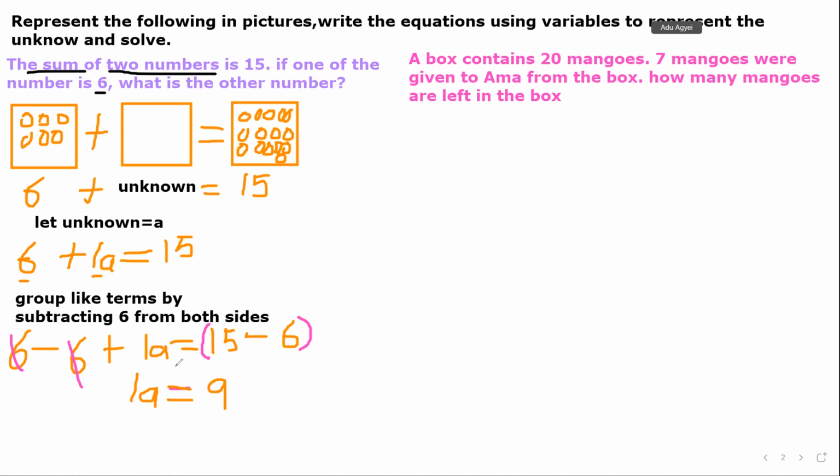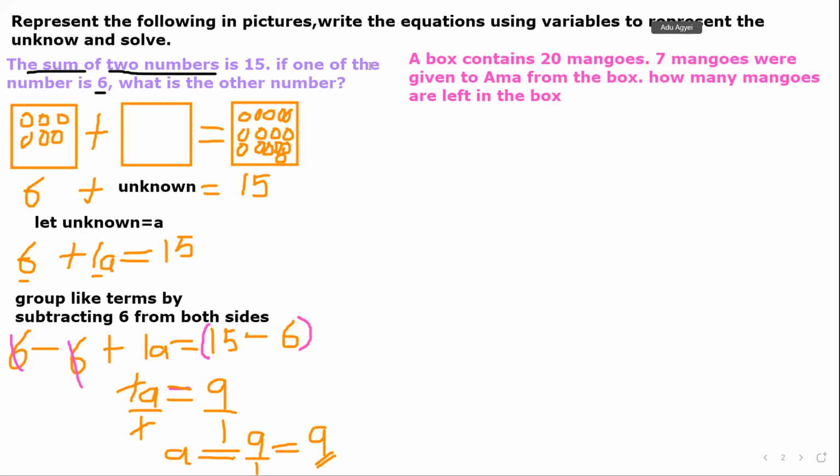Now to find the A, A is attached by 1, so you have to divide both sides here by 1 so that the A will be free. Now A is equal to 9 over 1, and 9 over 1 is the same as 9. Okay, good.